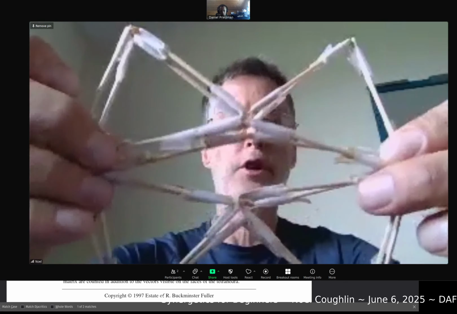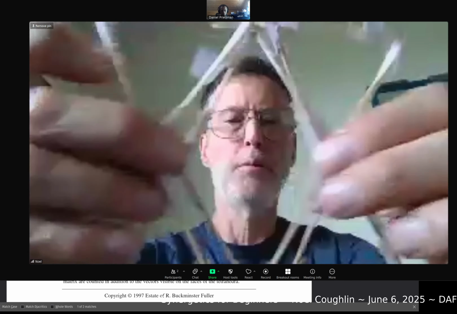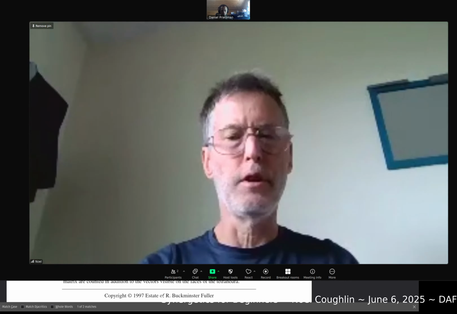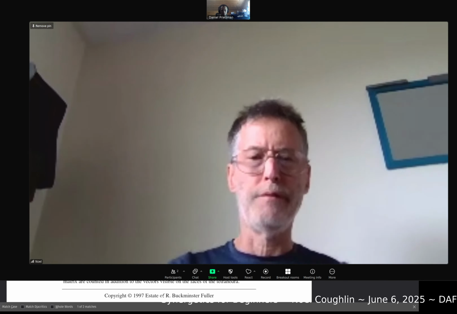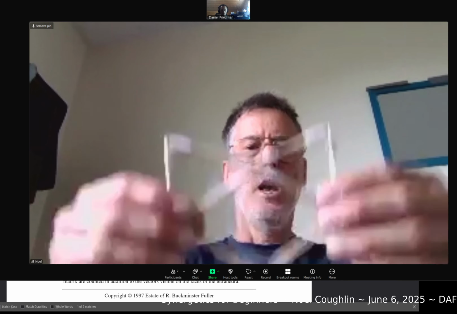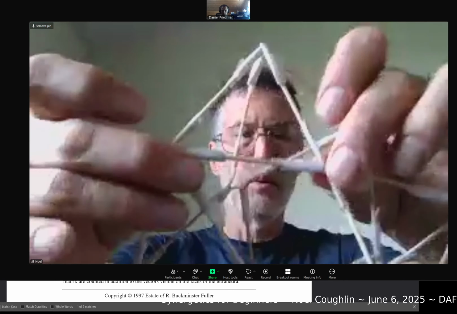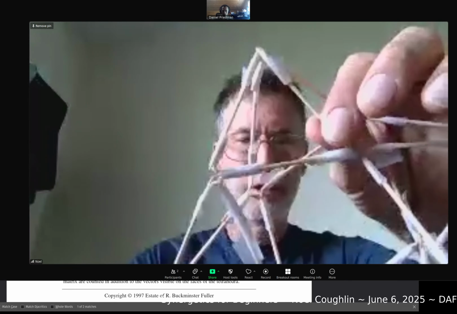See, because it doesn't hold its shape. The square doesn't hold its shape when only held by vectors and tensors. The pentagon does not hold its shape when only held by vectors and tensors. The hexagon, the septagon, the octagon, etc. The only shape that stabilizes itself is this triangle when we think about vectors and tensors.